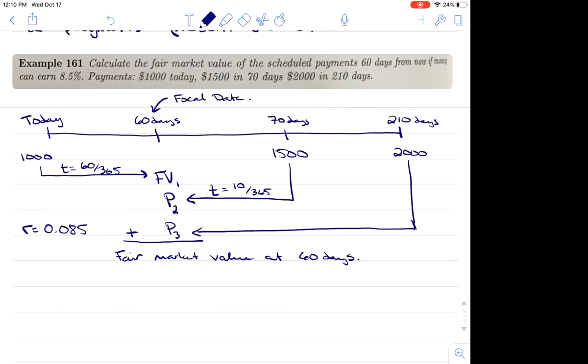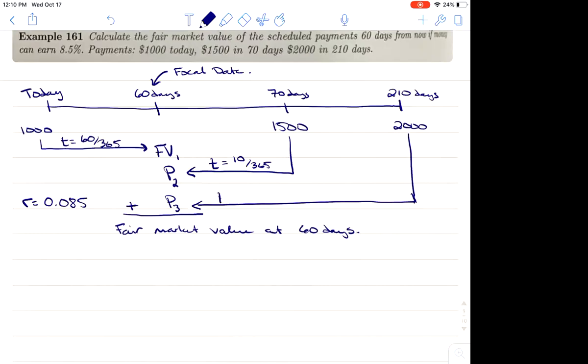And then don't be a hero, use your calculator: 210 minus 60. T is 150 over 365. Phew, what a beautiful timeline. This is everything you need, nothing that you don't. It's all mandatory.